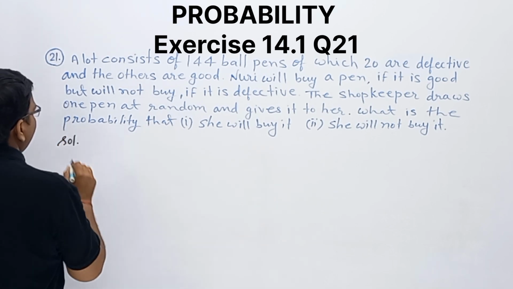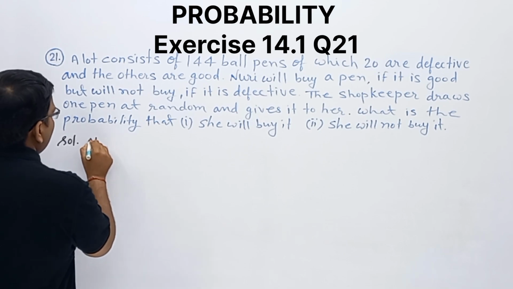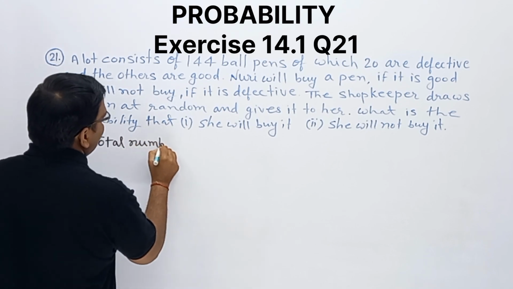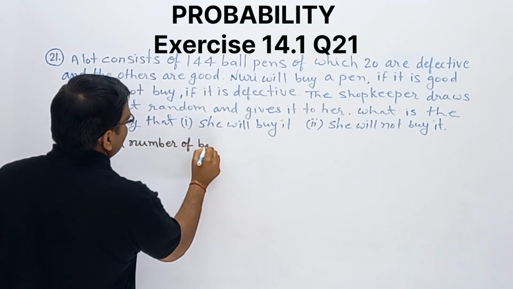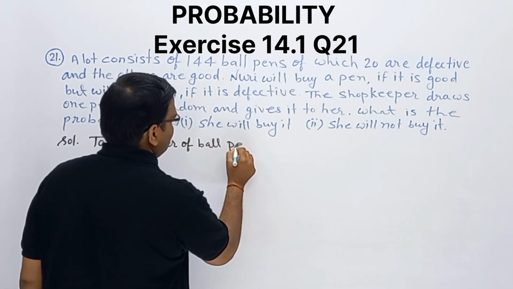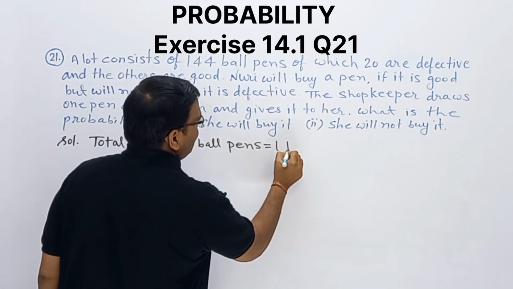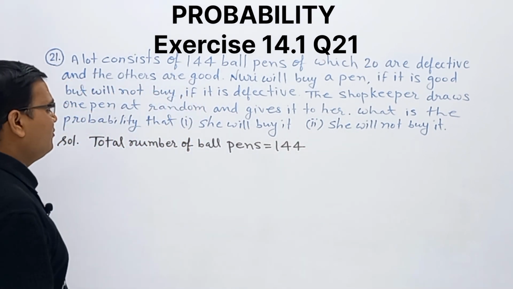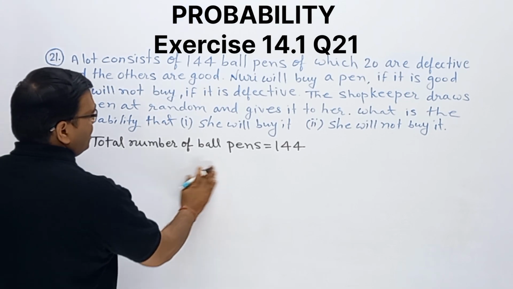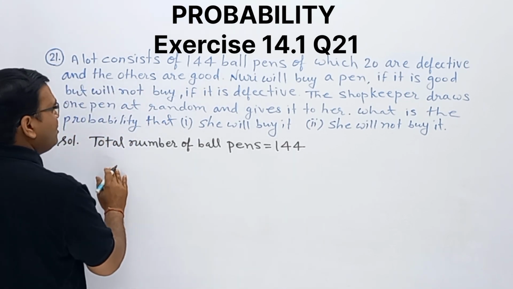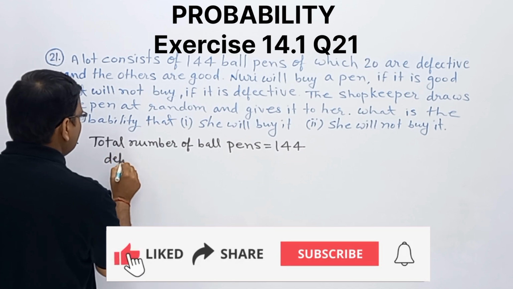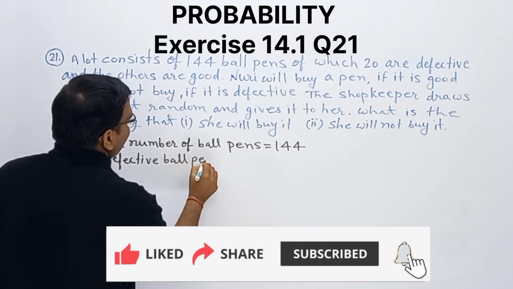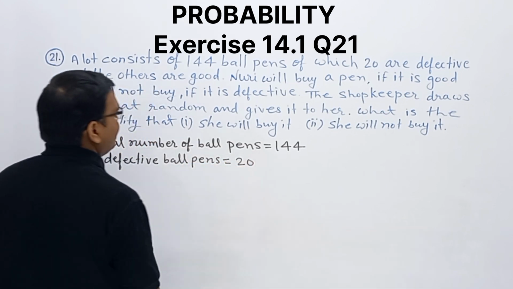What about its solution? In the question, we are having total number of ball pens equal to 144. In 144, defective ball pens equal to 20.